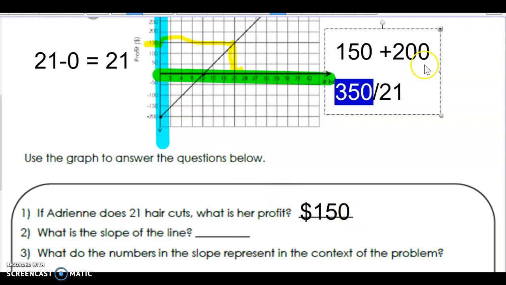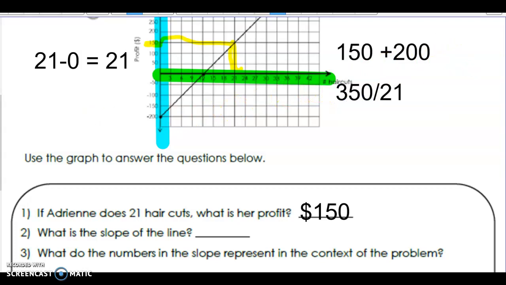The slope of the line is, here's my difference of y over here, and my difference of x I did over here. To find slope, I just am going to do the difference of y divided by the difference of x.